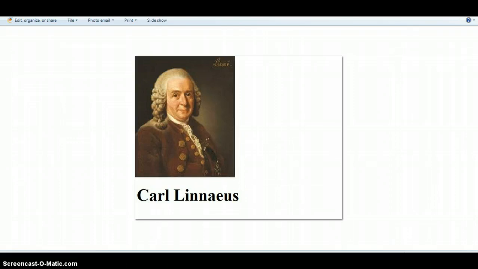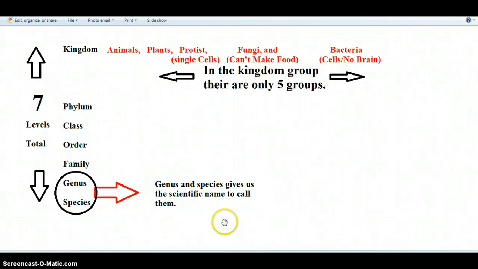Through many, many, many trials and errors, he came up with what's called the 7 levels of classification. This is the big thing that our microworlds theme is based on. You've got everything from kingdom, phylum, class, order, family, genus, and species, and those are the 7 levels.